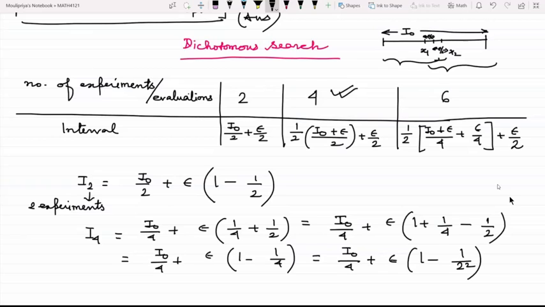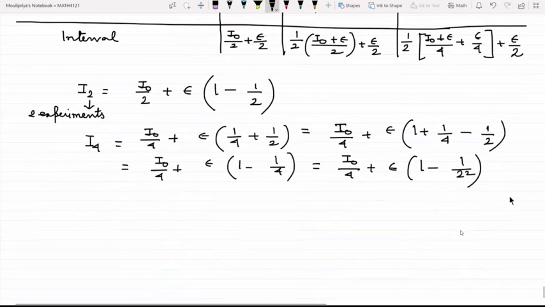So, in general, after n experiments where n is definitely even, this would be given by I0 by 2 to the power of, this 4 is actually 2 square, right? So I0 by 2 to the power of n by 2 plus epsilon times 1 minus 1 by 2 to the power of n by 2.